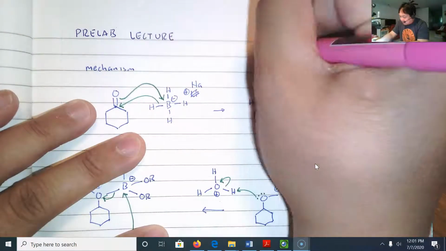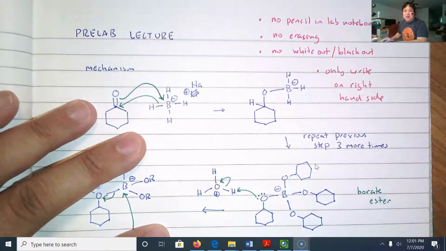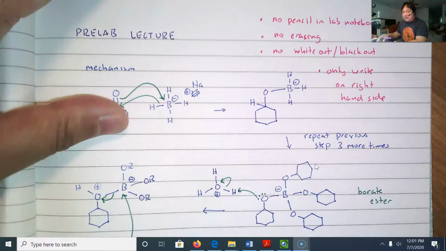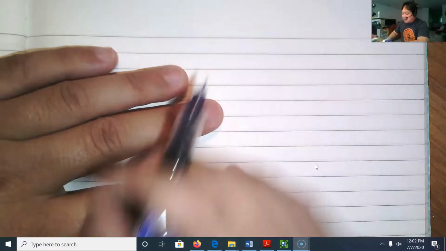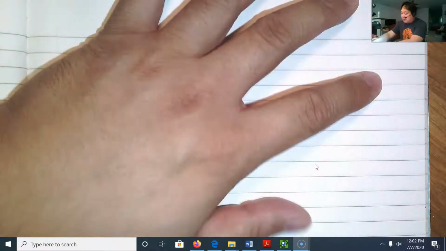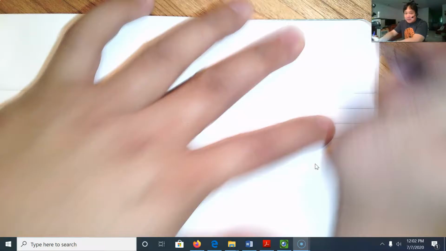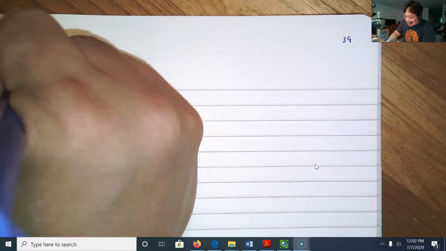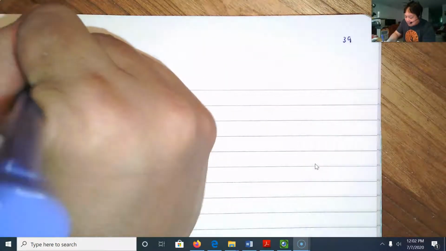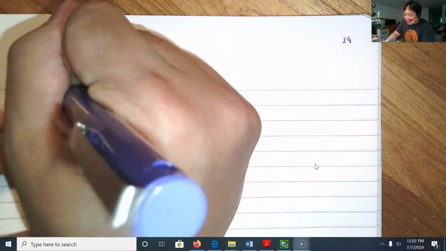Don't forget these four bullet points. This is page 37 of my lab notebook. The next right-hand side page would be 39. You don't have to redate it, but this is a continuation of the prelab lecture.